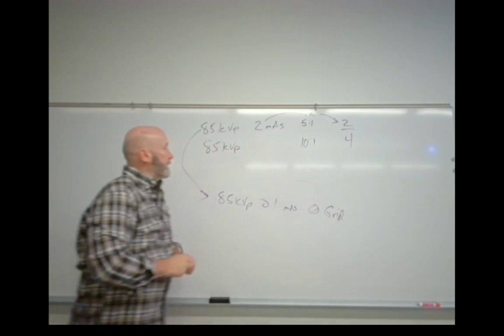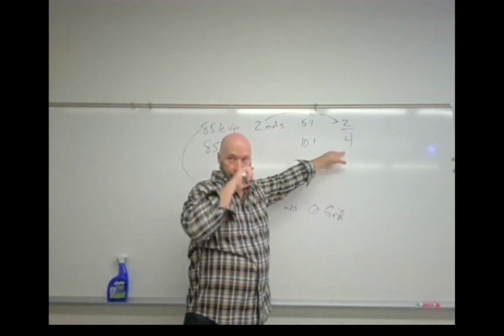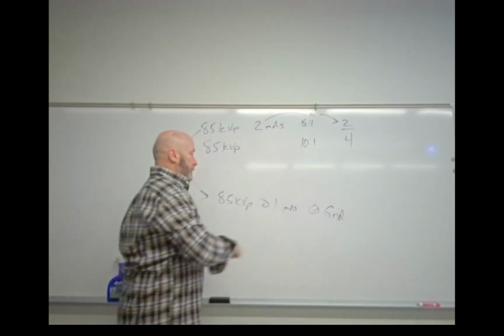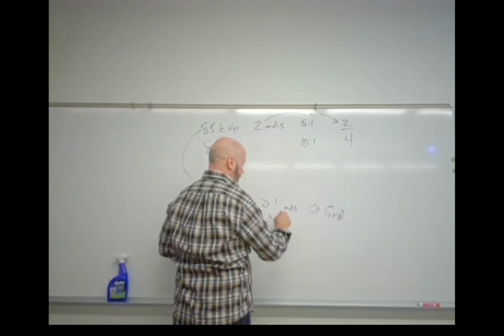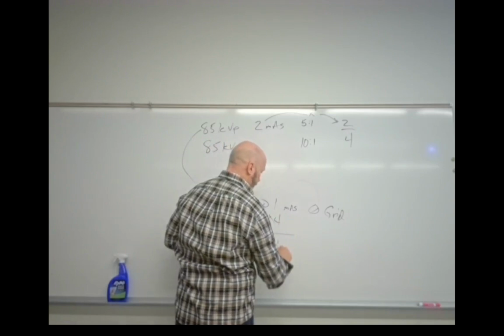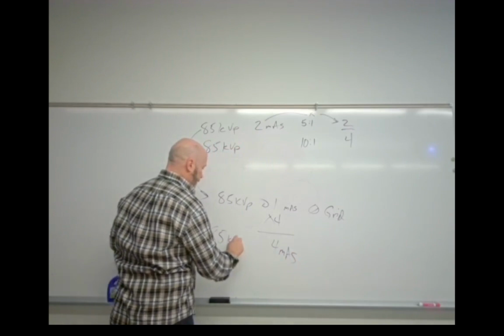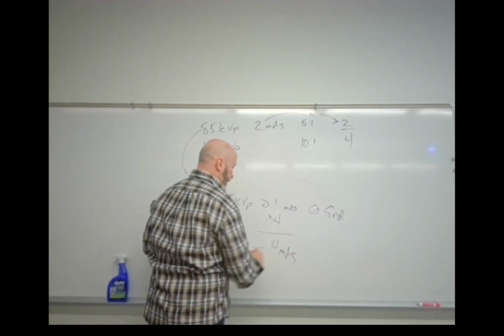Okay? So now you're going to introduce a 10-to-1 ratio grid with a Bucky factor of 4. So then you would just multiply your mAs by that Bucky factor, so it'd be 4 mAs. Same kVp, 4 mAs.